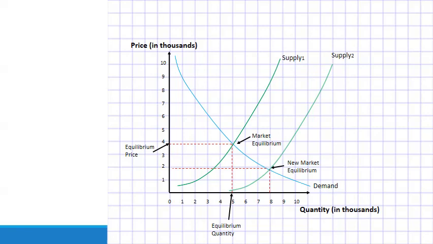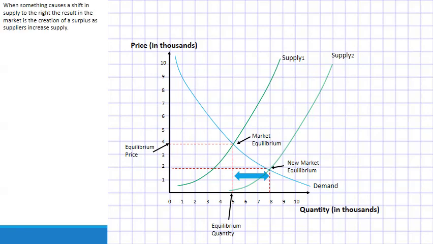So our immediate effect is going to be a surplus on the market. Like the law of market forces tells us, whenever we have a surplus, prices will fall. And that's exactly what's going to happen. During that time with our time lag, we're going to see prices fall to meet the new equilibrium to get rid of the excess supplied good.